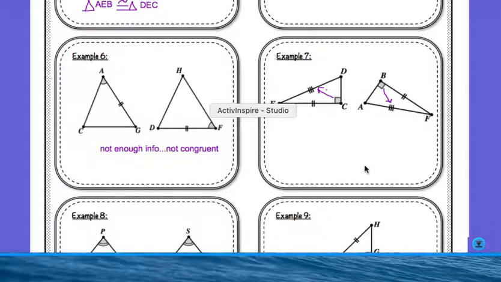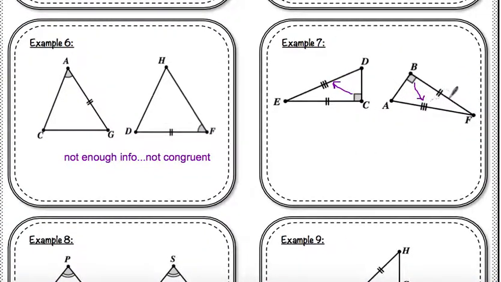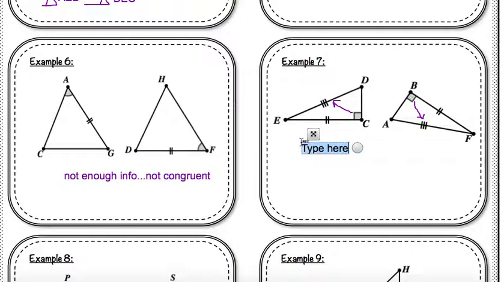And then I also see that there's a pair of legs that are congruent to each other. So for hypotenuse leg, I have to have right triangles, I have to have hypotenuses, and then I have to have a pair of legs that are congruent. And I have all of that. So these are congruent by hypotenuse leg.